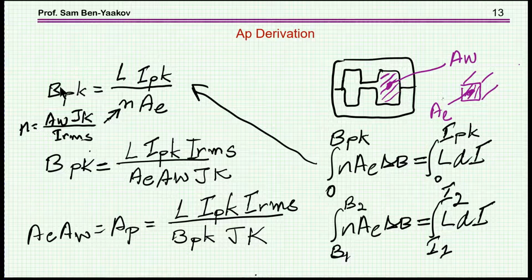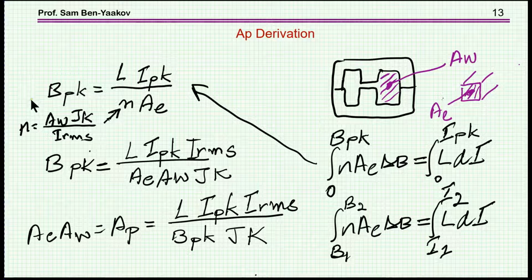So we have the number of windings, so we can now put this expression instead of N, and we come up with this equation. And then we have here the area product, A sub E times A sub W, the cross-section area of the core times the window or winding area, and from here we get that this product, the area product, is equal to this very important term.